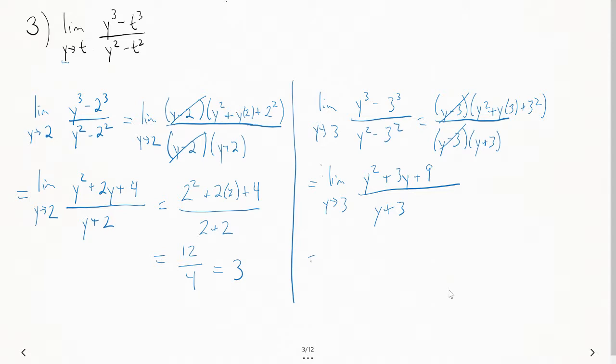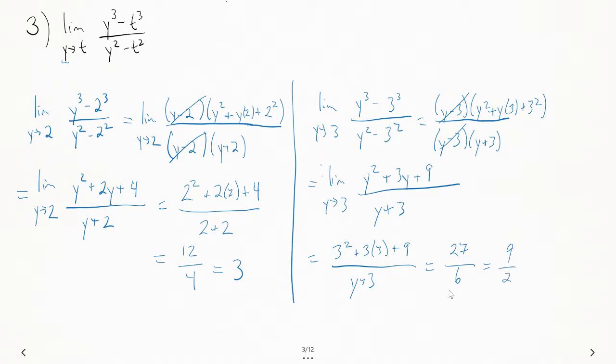So we get 3 squared plus 3 times 3 plus 9, all over y plus 3. In this case, this was 27 up top and 6 down below. Both of those have a common factor of 3, so we'd have 9 over 2 as our final answer.